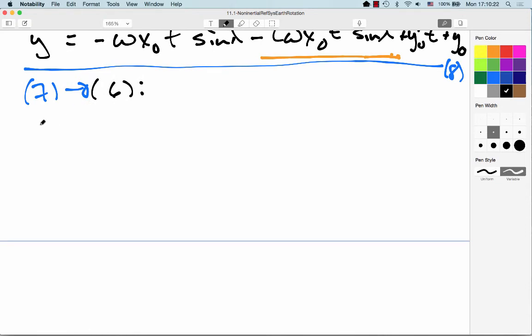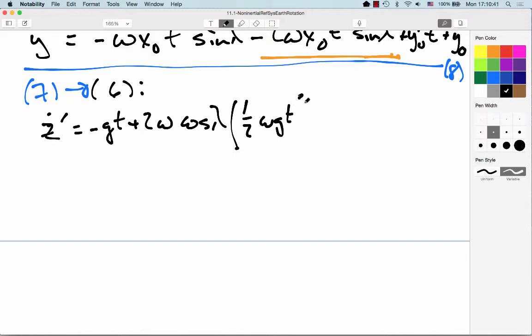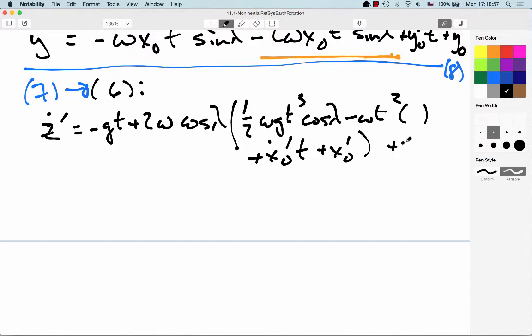So that's going to give me z prime equals minus gt plus 2 omega cos lambda times 1/2 omega gt cubed cos lambda minus omega t squared times that stuff in the parentheses that again I'm not going to care about because I'm going to make it go away, plus x naught dot prime t plus x naught prime plus our initial condition z naught dot prime.